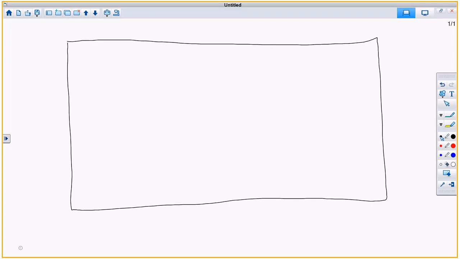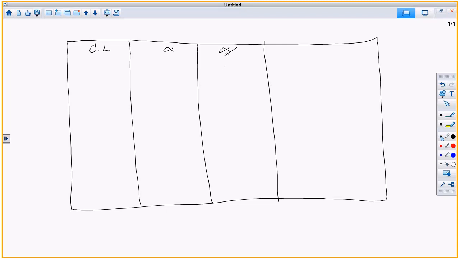And this is what I tell all my 120 students, night class also. Here, I call this confidence level. This is alpha. This is alpha over 2. And of course, this is z sub alpha over 2. So that's your titles.